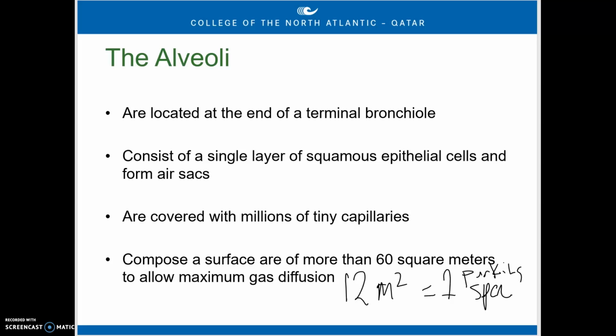So if we were to take out all of the tissue inside your lungs, you would have enough for 4 and a bit parking spaces. You'd be able to cover that area with lung tissue. So an absolutely amazing amount of tissue, and all that's there to increase the surface area so that we've got the maximum space to exchange gases. It makes our lungs very efficient.